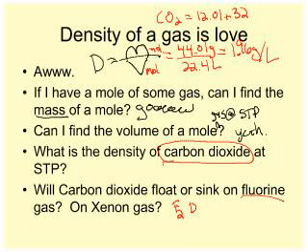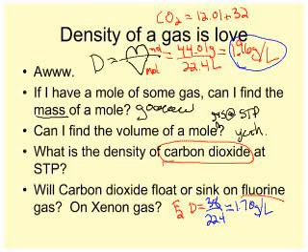So the density of fluorine gas is, look at fluorine, 19.00. 2 of them would be 38 over 22.4, which is 38 divided by 22.4, 1.70 grams per liter. So will carbon dioxide float or sink? Carbon dioxide is 1.96. Fluorine is 1.70. CO2 will sink on fluorine because it is more dense.